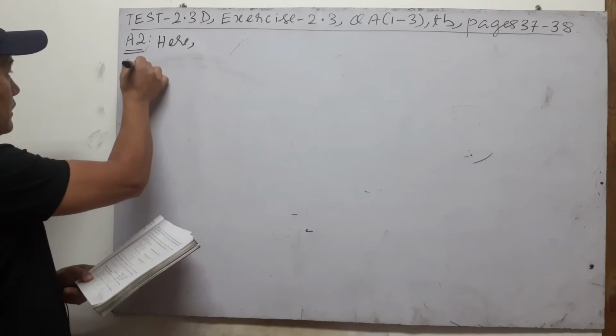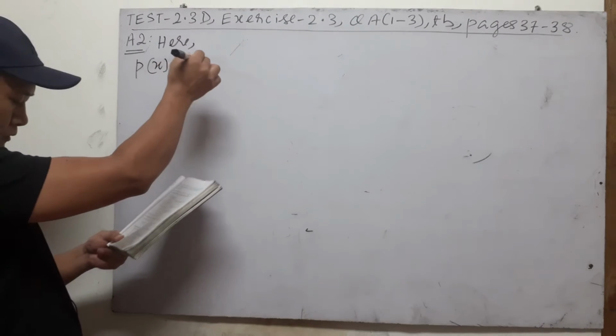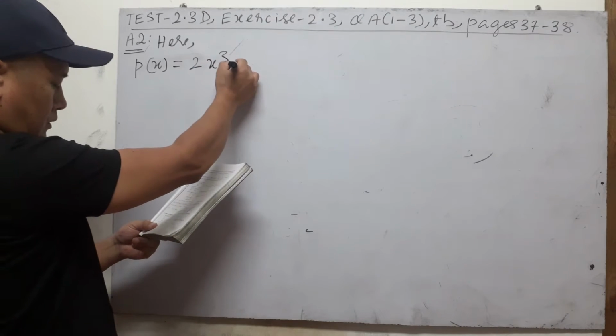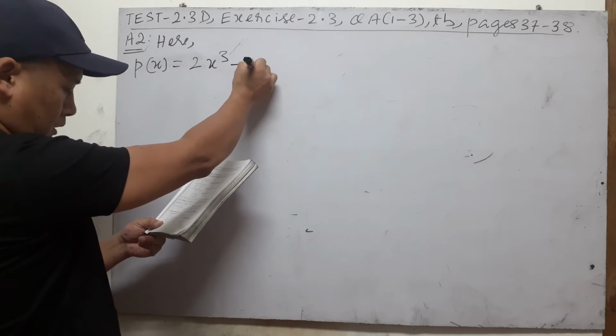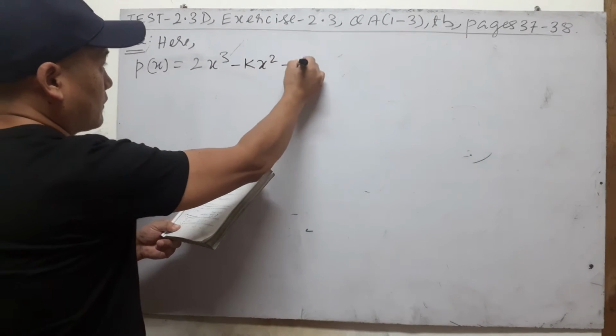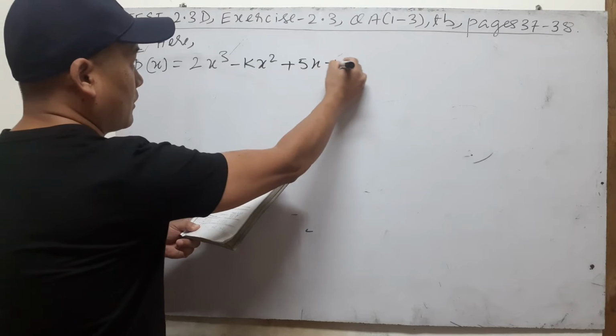P of x means the dividend, usually, dividend is equal to 2x cubed minus kx squared plus 5x plus 9.